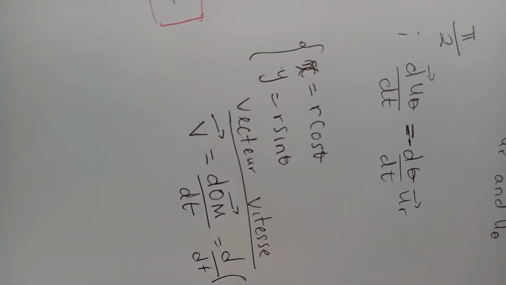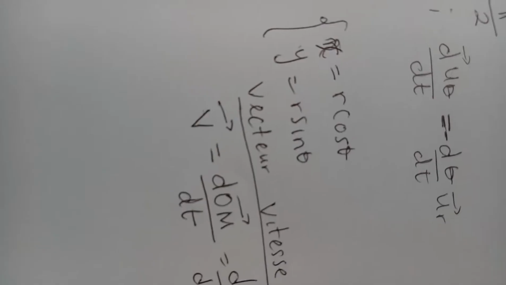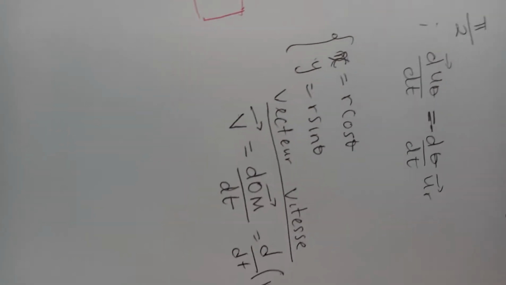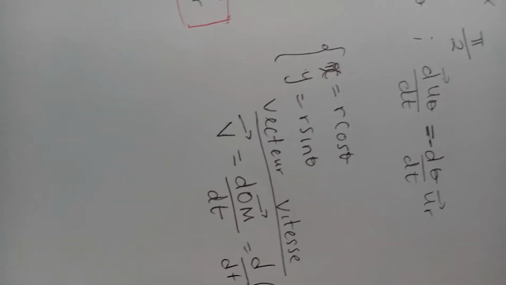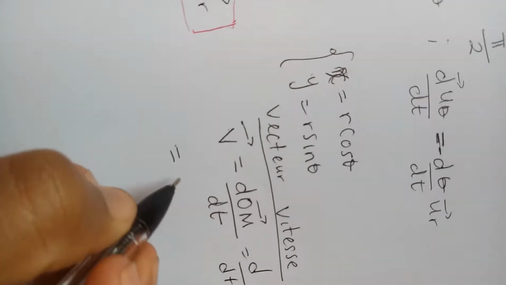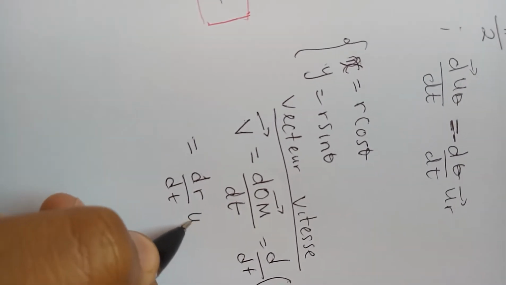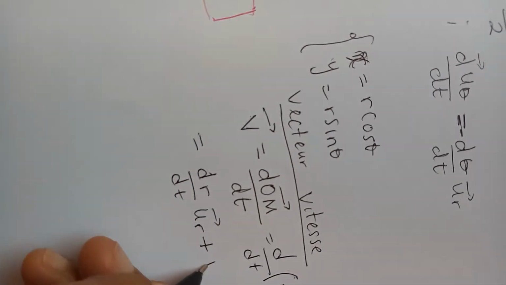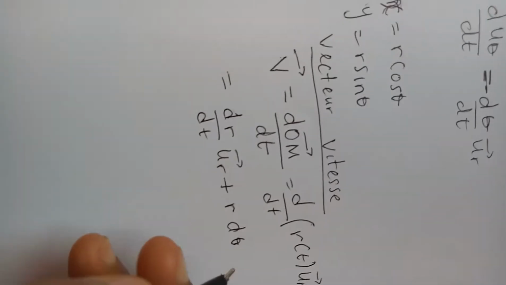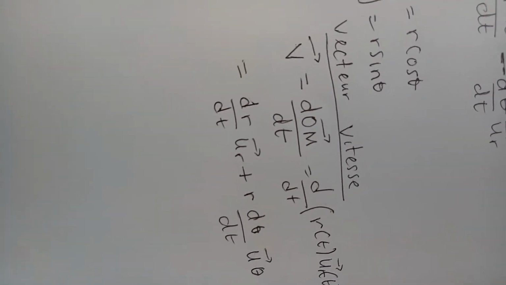Now what's more important here is that after deriving, you get dr/dt u_r plus r d theta/dt u theta.